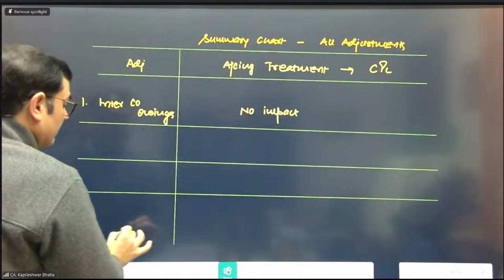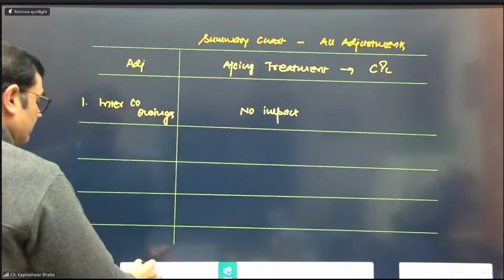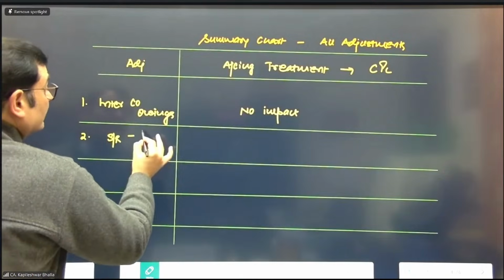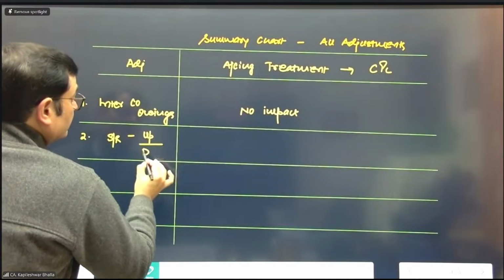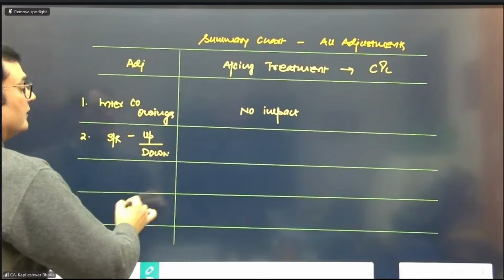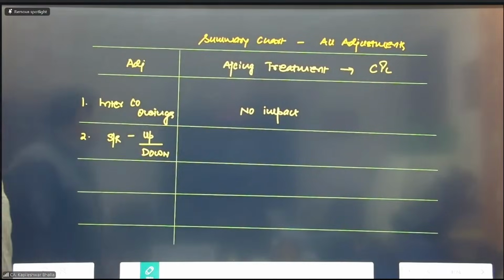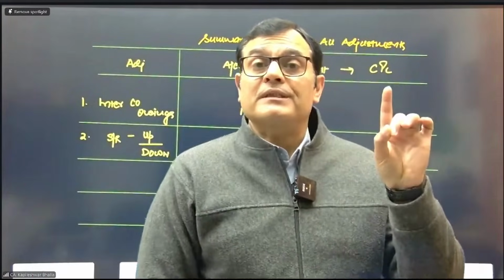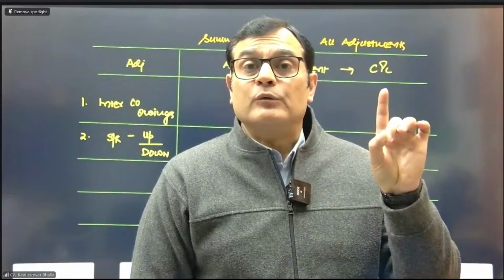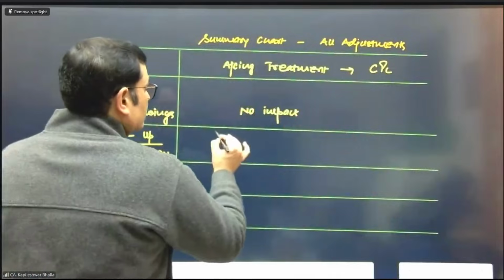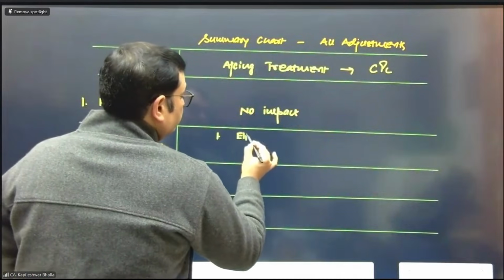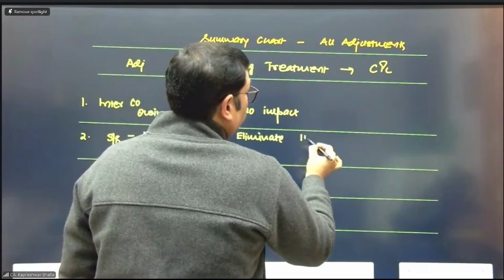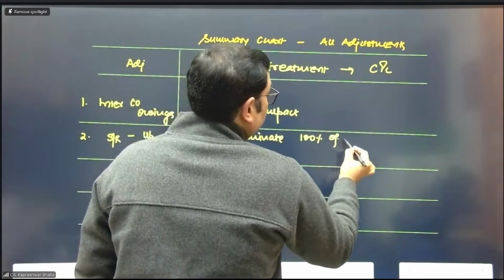Now let's talk about another adjustment, and that is the stock reserve, whether it is upstream or downstream in nature. Eliminate the common sale from both the revenue and the cost of sale.